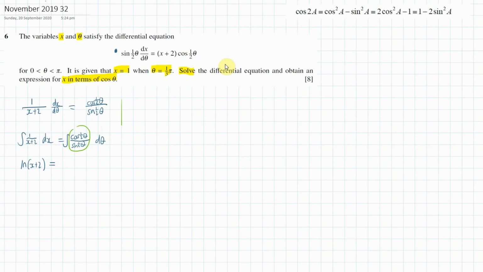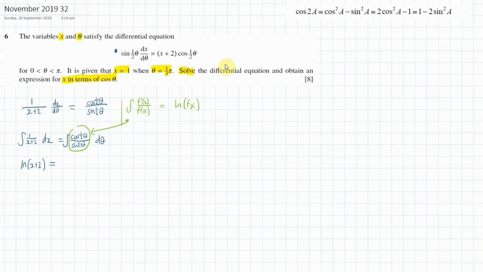We know that if we integrate something where we've got f prime x over f x, that will be equal to ln f x. Hopefully you can see that we have something like this here.